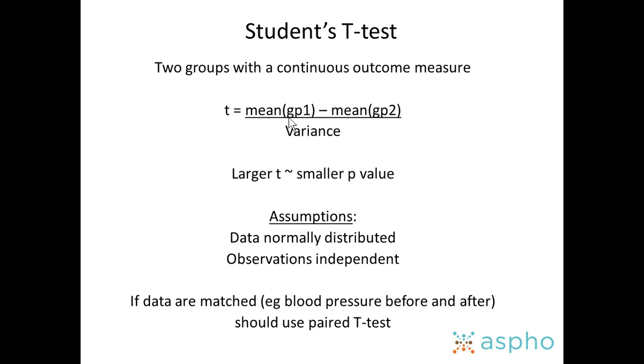So you can see that as that mean difference increases, either really positive or really negative, I'm going to be more likely to be in that tail of that bell-shaped curve that I showed you. The larger the t, the smaller your p, the more likely you are to reject your null hypothesis and conclude my 2 groups are different.